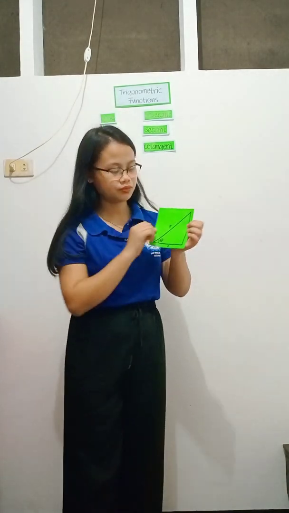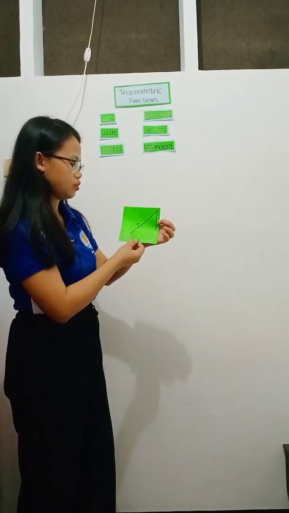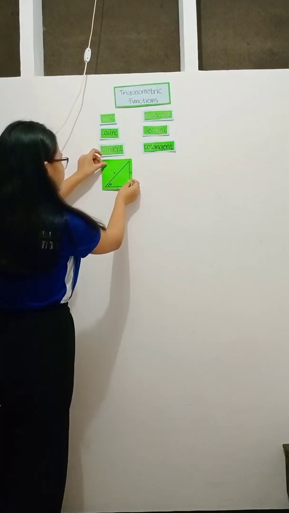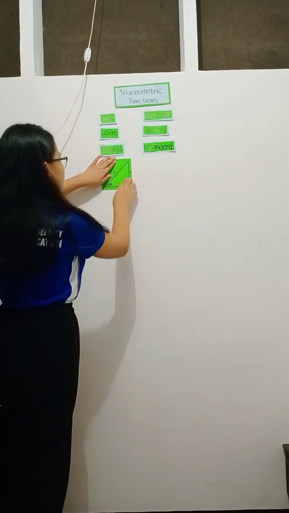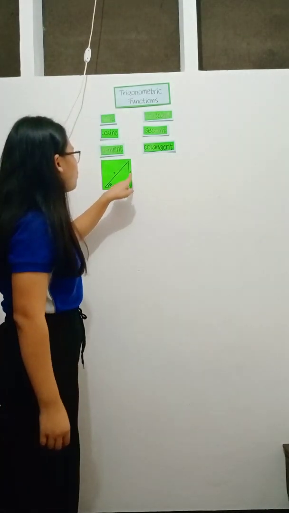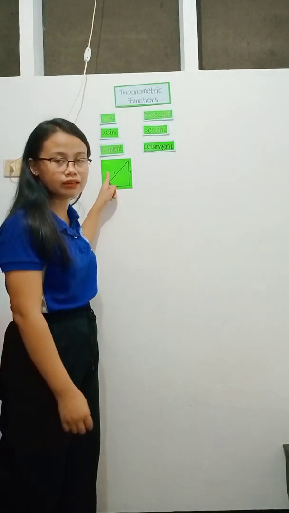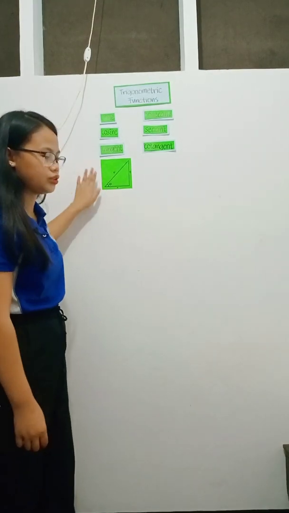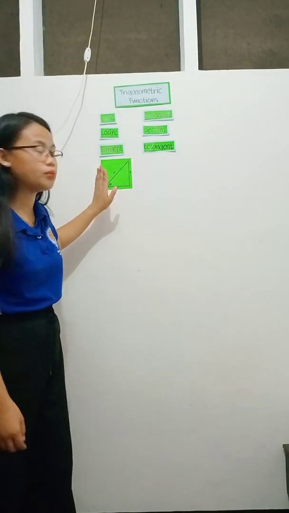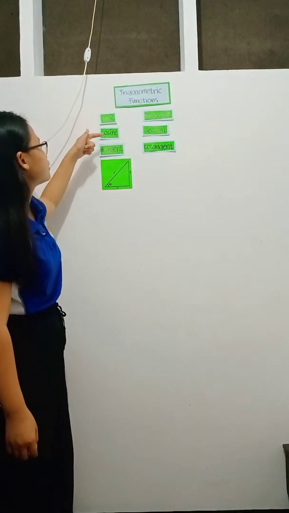I have an illustration here, a right triangle. Observe. The adjacent side we labeled as X, the opposite side as Y, and the hypotenuse as R. From this figure, we can get these 6 functions.